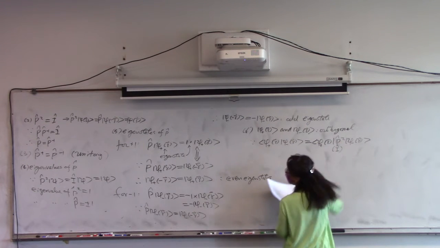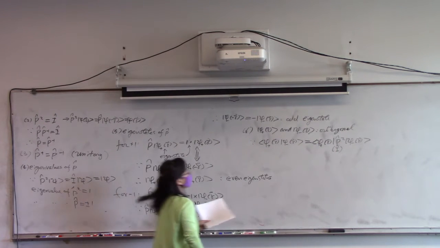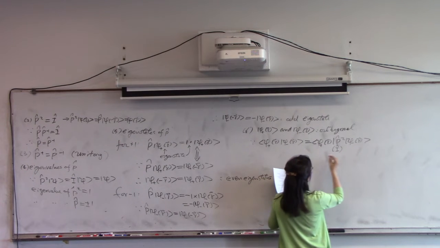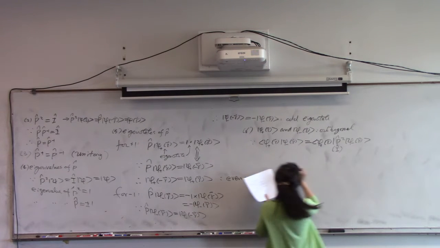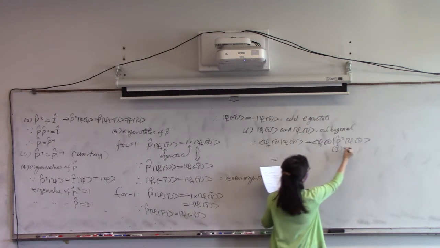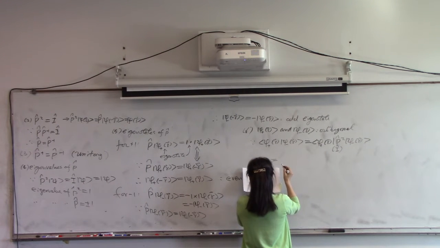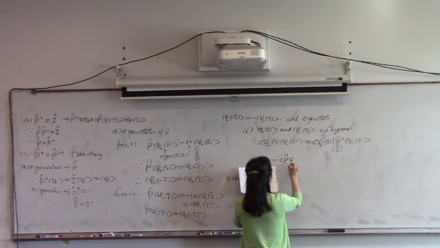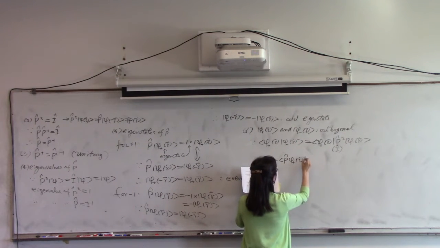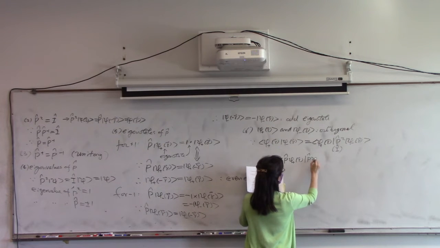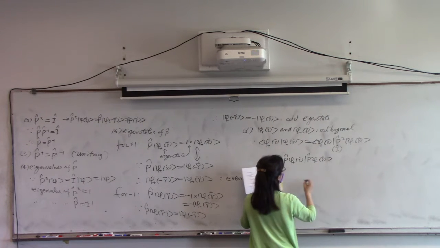Since P squared is the unity operator, I insert it between. Then one P goes to the left and another goes to the right.